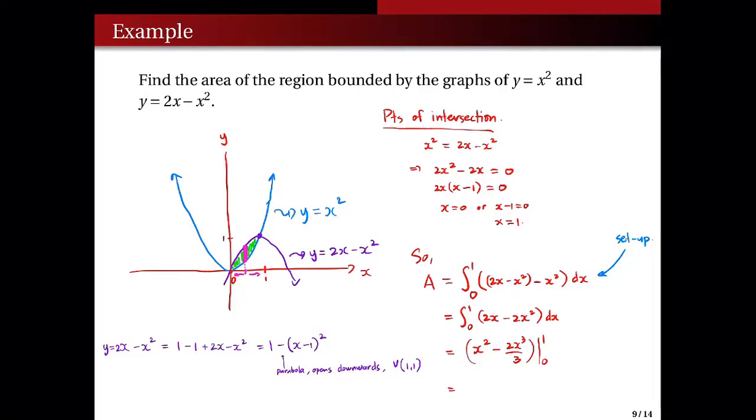This is just 1 minus 2/3; at x equals 0, it's just minus 0. So this will just be 1/3. So this is the area. The area of this region is equal to 1/3. Okay, understood.